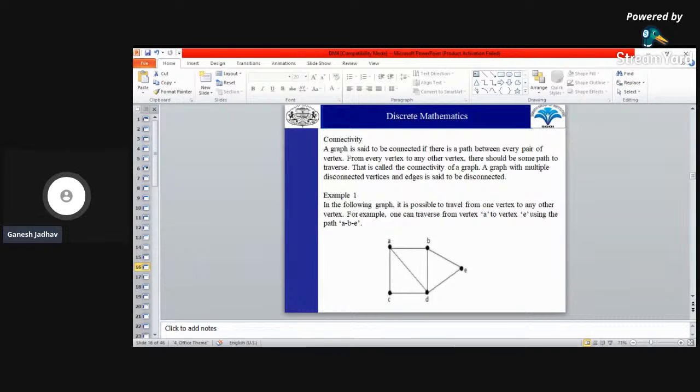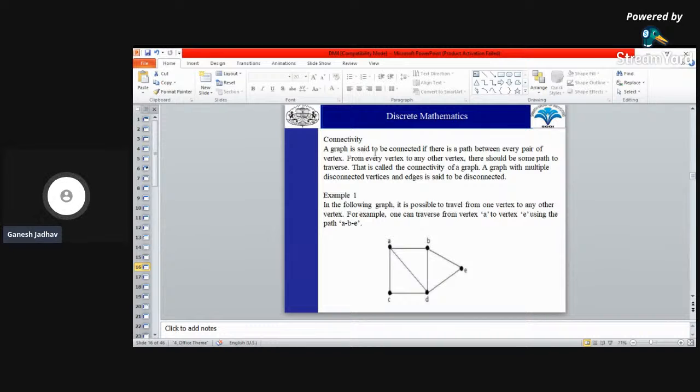Okay, so these graphs are isomorphic. Then the other one: connectivity. So what is connectivity? A graph is said to be connected if there is a path between every pair of vertices, from every vertex to any other vertex.